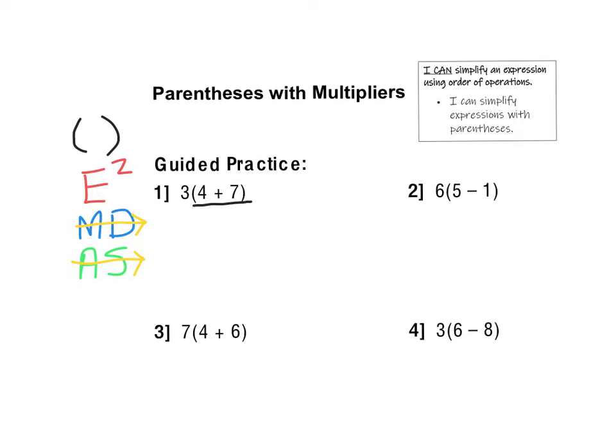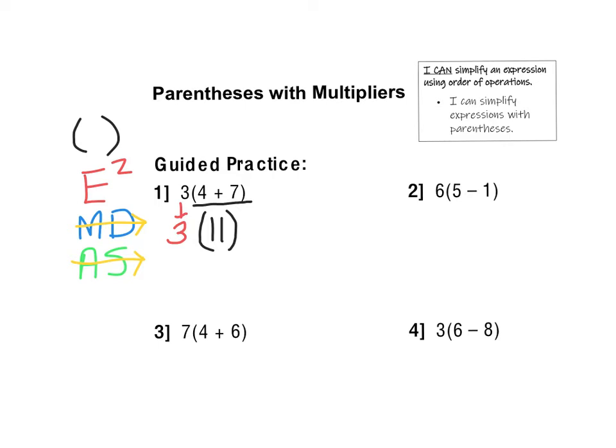So we're going to take care of 4 plus 7 first, which is 11. Now notice there is nothing outside the parentheses, nothing to show any sort of operation. So I'm going to leave my 11 inside parentheses while bringing down the 3 to go outside the parentheses. So now, remember, we talked about this at the beginning of the year.